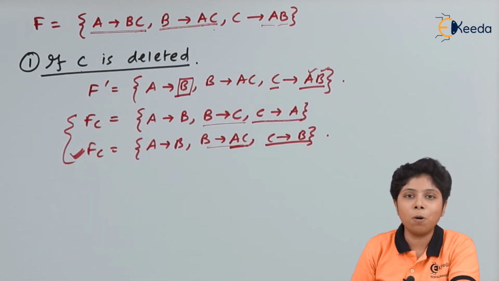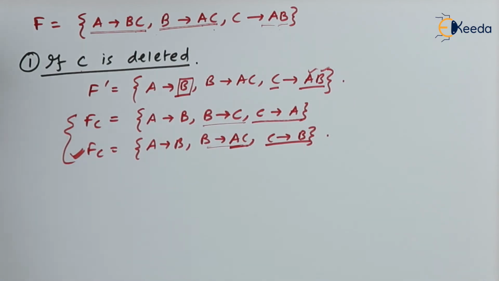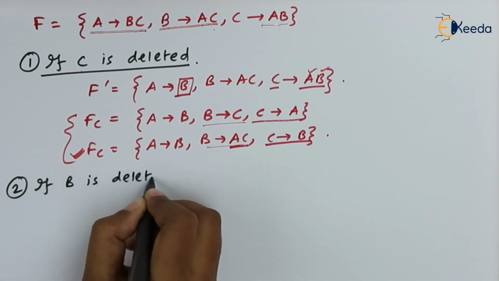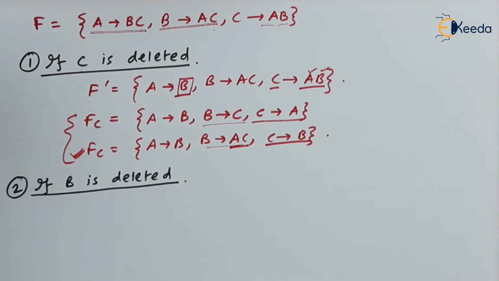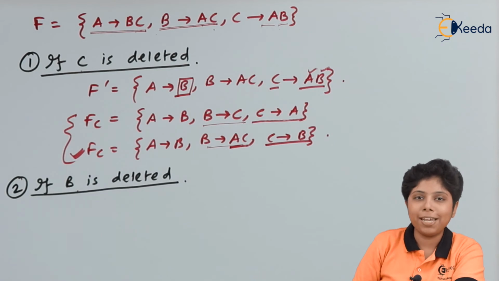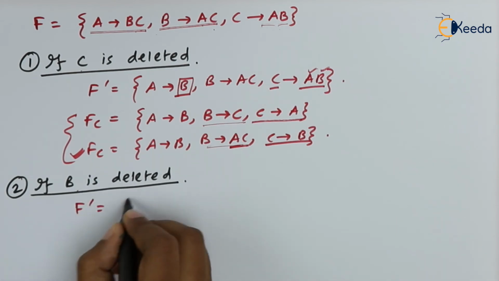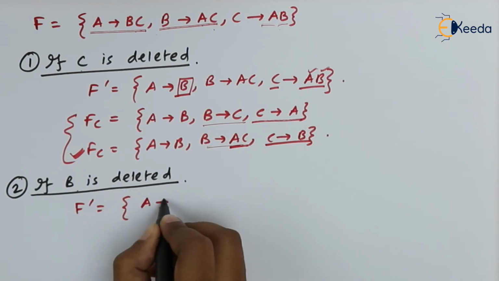Now there are more possibilities if we start with the deletion of B. So if B is deleted, then we have the F dash as follows.